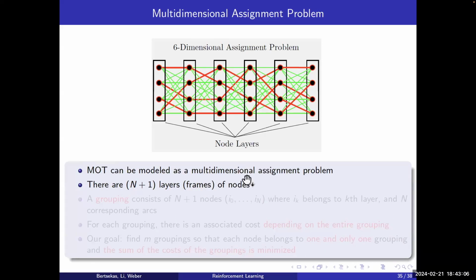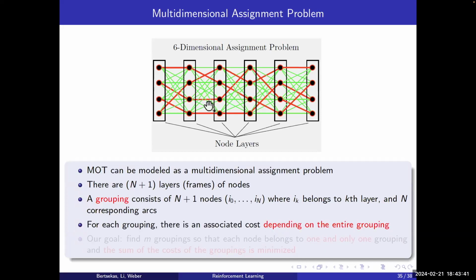So an individual person that appeared in the previous slides amounts to one node. And what we want to do is construct groupings, and each grouping consists of m+1 nodes, with each node i_k belonging to the k-th layer, together with their corresponding arcs, that is, the arcs connecting nodes in adjacent layers.